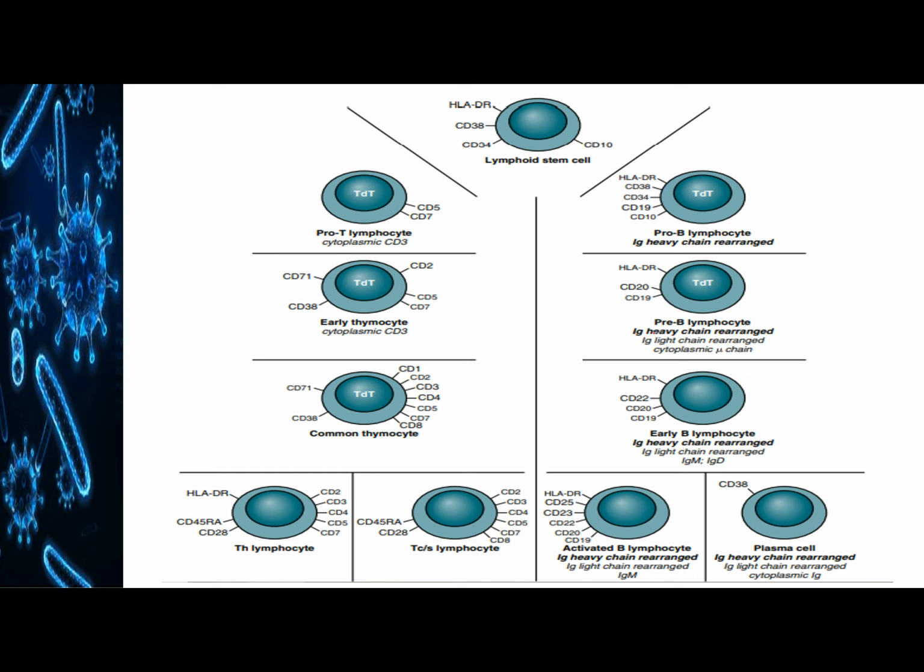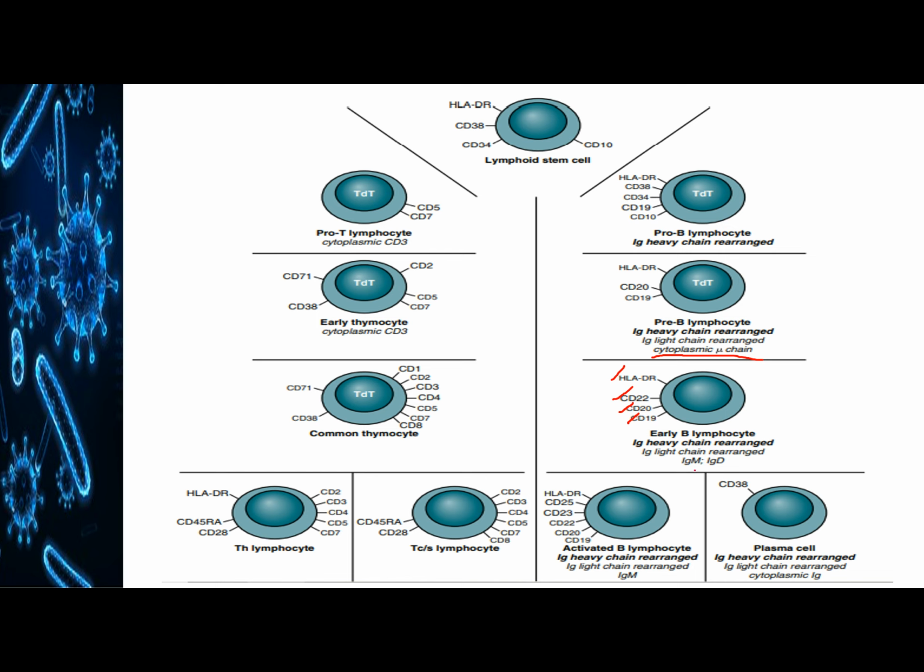It would have immunoglobulin heavy chain rearranged, immunoglobulin light chain rearranged, and it would have your cytoplasmic mu chain. Meron siyang CD19, CD20, HLA-DR. Then early B cell: IG heavy chain rearranged, IG light chain rearranged, and IgM, IgD sa surface. This is made up of surface markers HLA-DR, 22, 20, and 19.